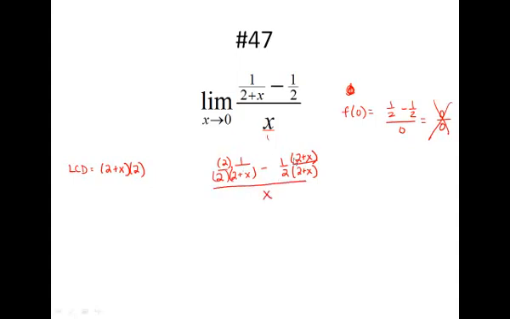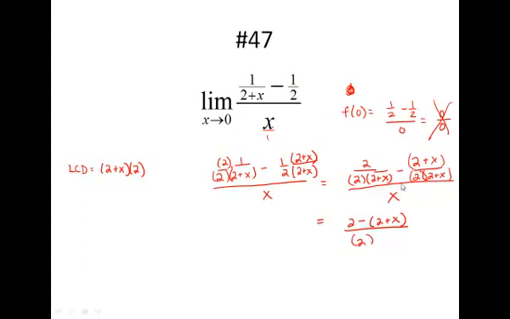So I am going to simplify what I have on top. Because I have a common denominator, I can go ahead and subtract these two fractions. So I'm going to get 2 minus 2 plus x, and I am going to keep that as a group because it is important that I distribute that subtraction. So all over 2 times 2 plus x, all over that common denominator, and then I have it all over x. And I wrote up here over 1, that's going to help us in a little bit here.